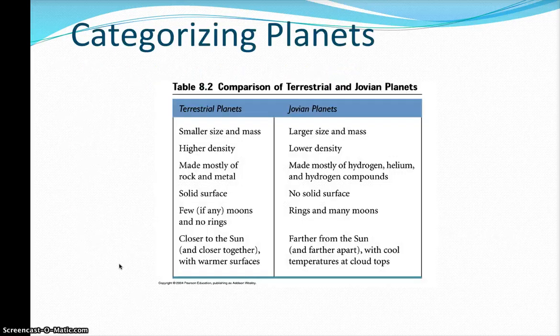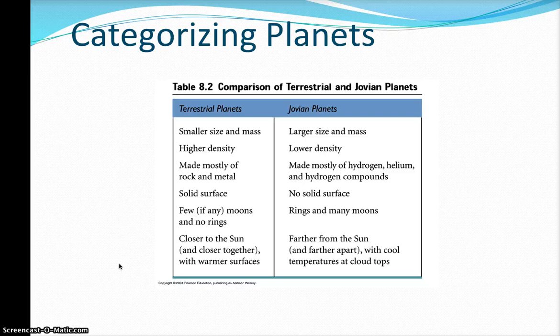All right, so here we're going to just summarize what we said about the planets. This might help you to see this in print. The two classifications or categories of planets. Like I said, the terrestrial planets are the four planets closest to the sun. That would be Mercury, Venus, Earth, and Mars.